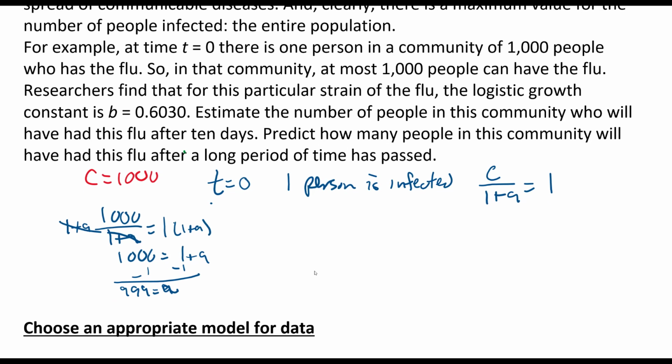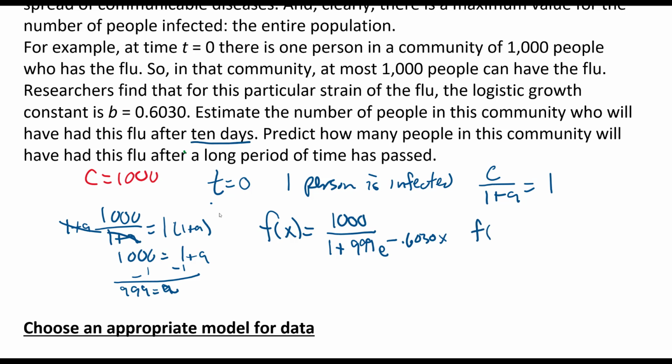Okay, so our formula is coming together. We have f(x) equals c, which is 1,000, over 1 plus a, which is 999, times e to the negative, and our b was 0.6030, times x. So we're going to look at this after how many days was it? 10 days.